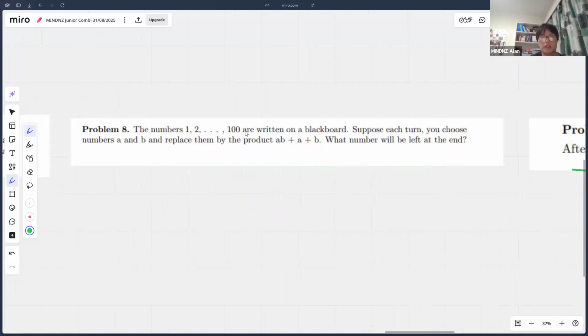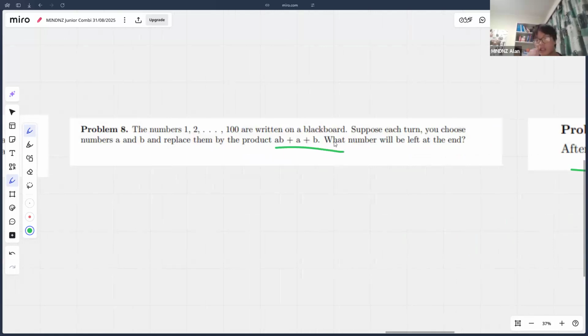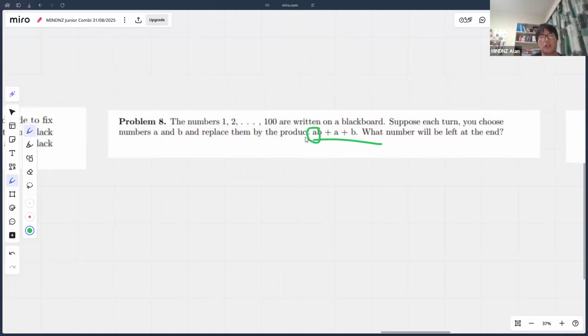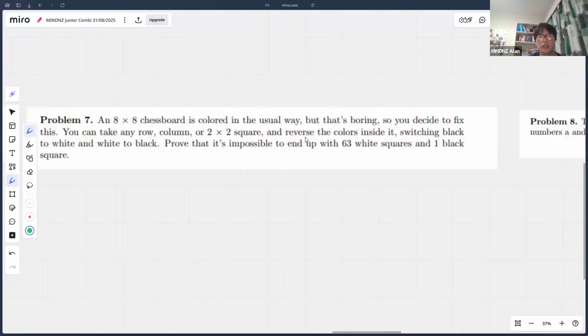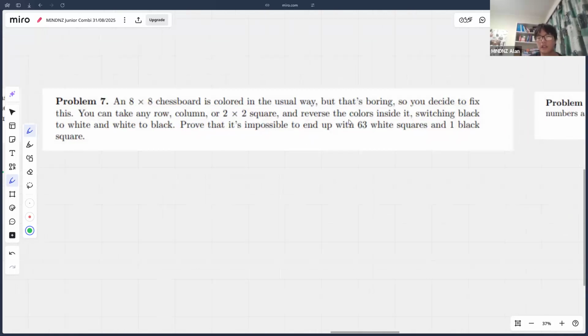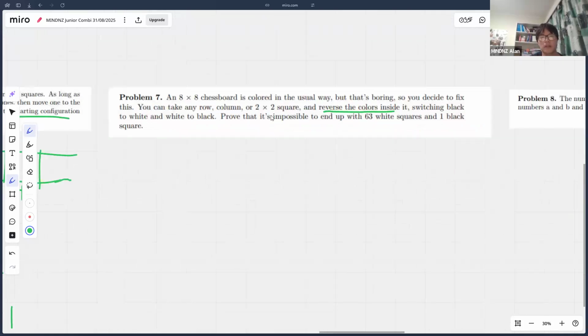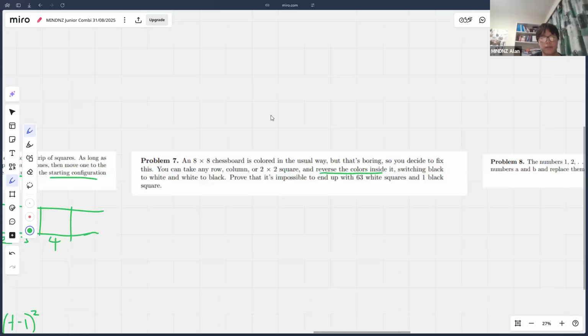And this one, you replace with AB plus A plus B. We discussed this earlier. If we have AB, it's probably something to do with the product. It also says product. And then for this one, we reverse the colors inside it. It's probably very similar.